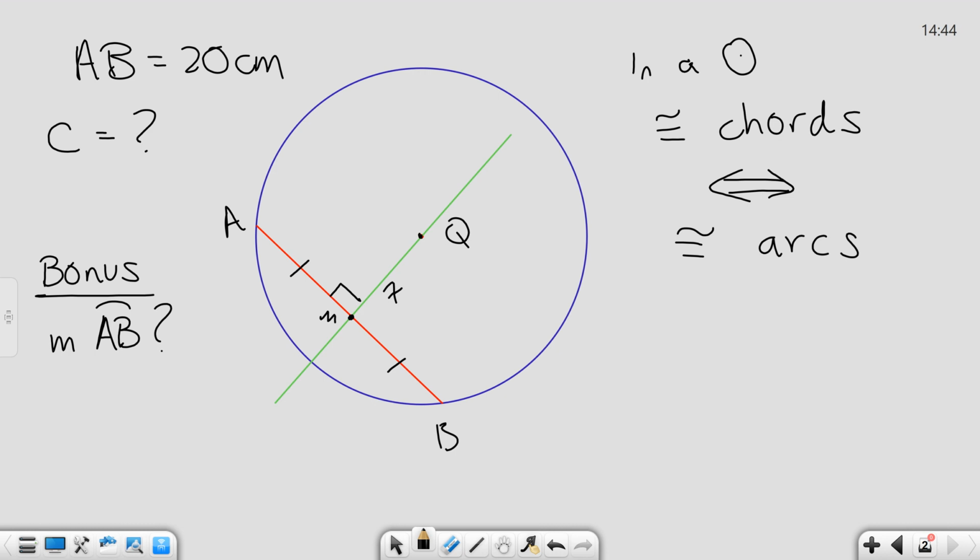Wait guys, okay, if we think about this, is it an isosceles triangle? We know this is 20, we know this, and we know this. So this and this are congruent. Yeah. 72 degrees.